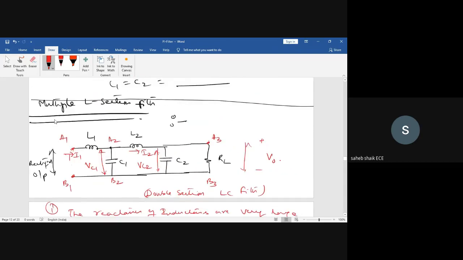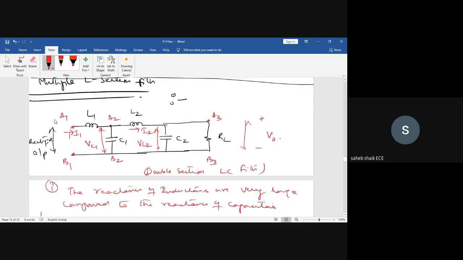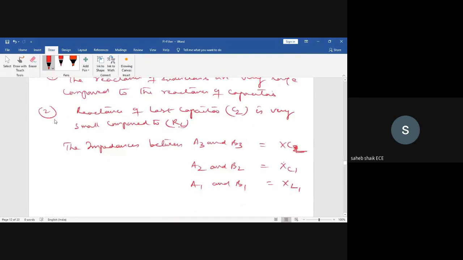Go back and see this one: this is XC2, XC1, and this is XL1. So between A3 B3 it is XC2, between A2 B2 it is XC1, and between A1 B1 it is XL1. You are writing three different impedances from the given circuit. Did you note this?